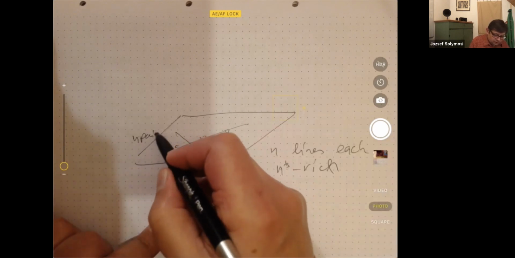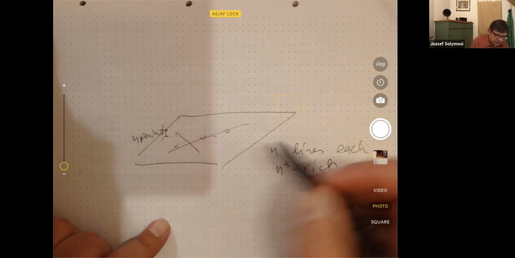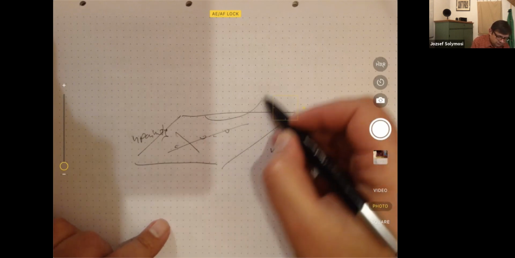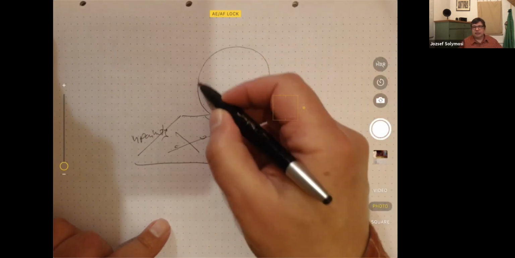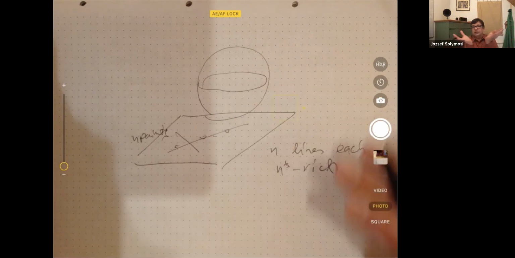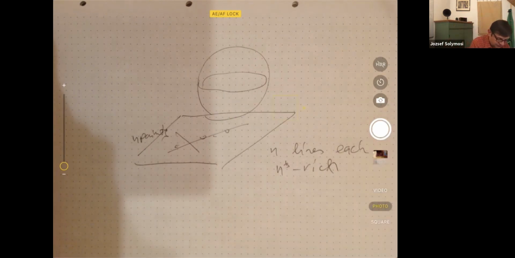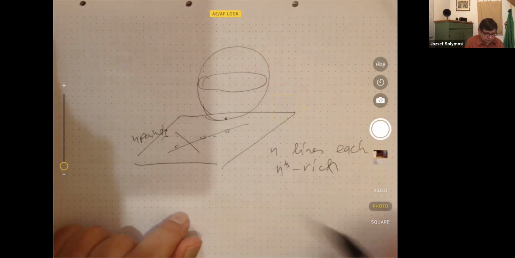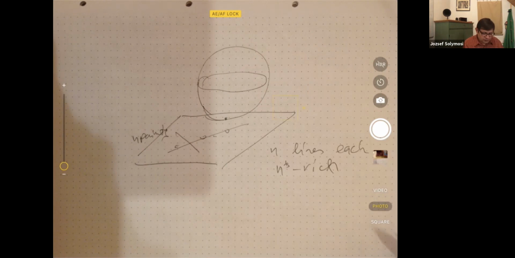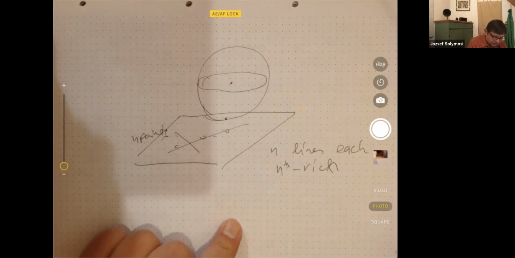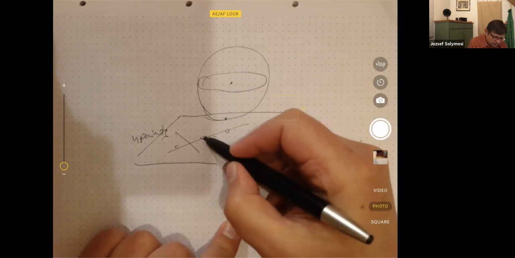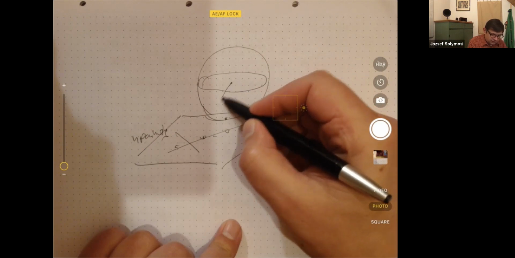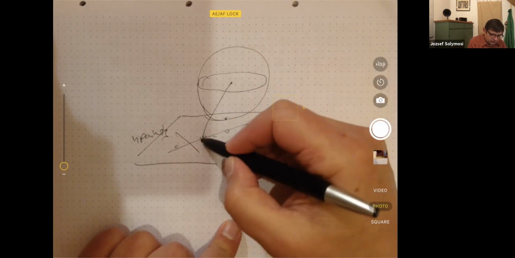And what you do is you place a sphere above the plane, which will touch the plane. See the center? And from the center, whenever you see a point on the plane, there is a line connecting the center and this point, and it will stab the sphere at one point.